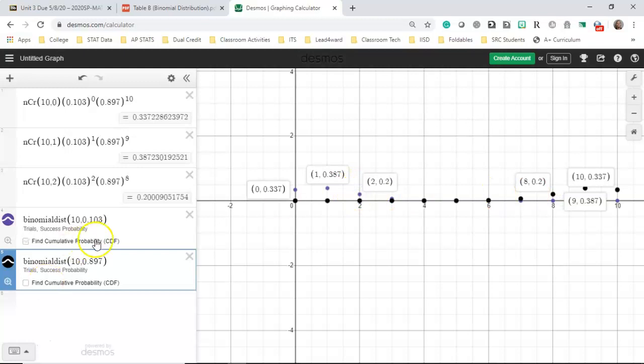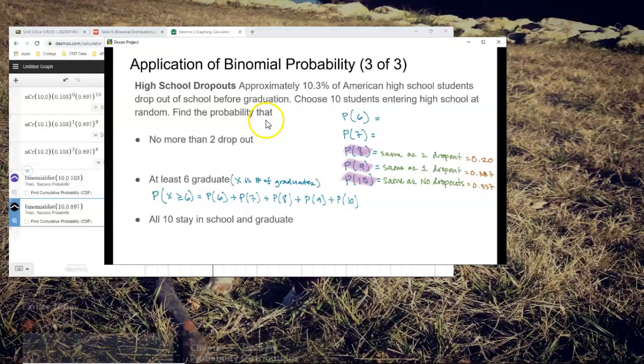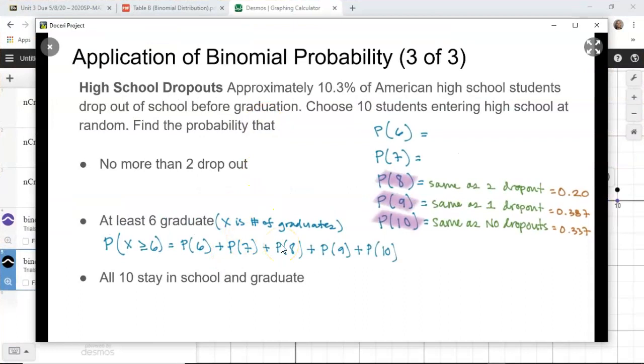So we have to consider that if we change what X represents, then I also have to change what the success probability is, because I'm no longer saying that X is the number of dropouts with this second part of the problem. I'm saying that X is the number of graduates. So I have to change it up. When we look at our formula now, I change the order a little bit.